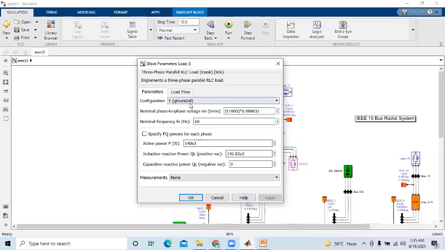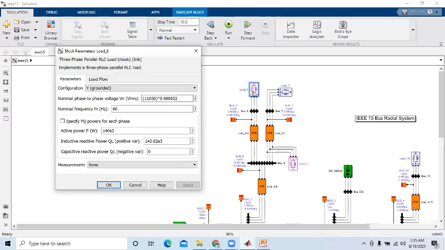The configuration is star grounded. That means a 3-phase load is connected as a star, which is grounded, and the nominal phase-to-phase voltage is given as 11 kV into 0.98832. The nominal frequency is 60 Hertz, and the active power is 140 kilowatts, and the inductive reactive power is defined as 142.82 kVAR.